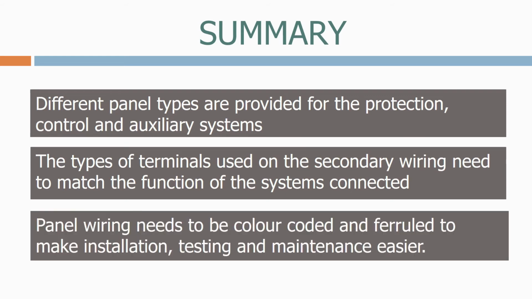Panel wiring needs to be color-coded and ferruled to make installation, testing, and maintenance easier. Well done for completing this module. You should now understand how protection panels are constructed and be able to identify some of the key equipment that they contain. I've attached some questions on this module to test your knowledge.